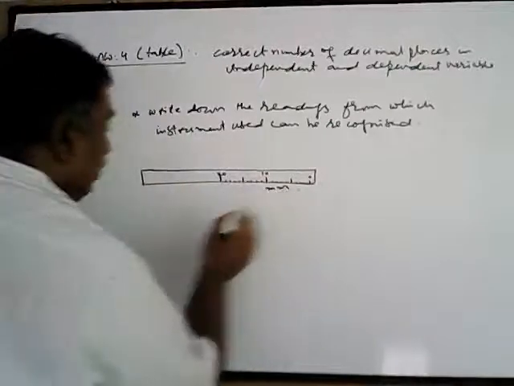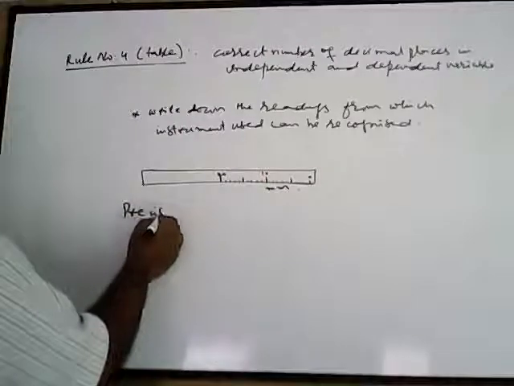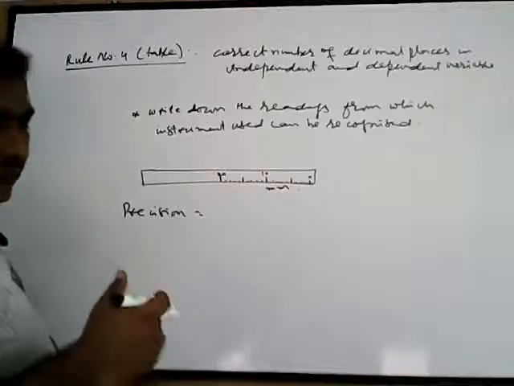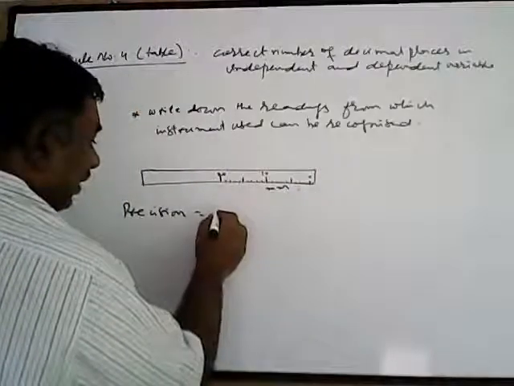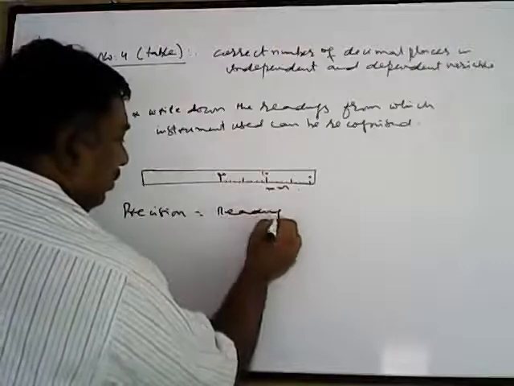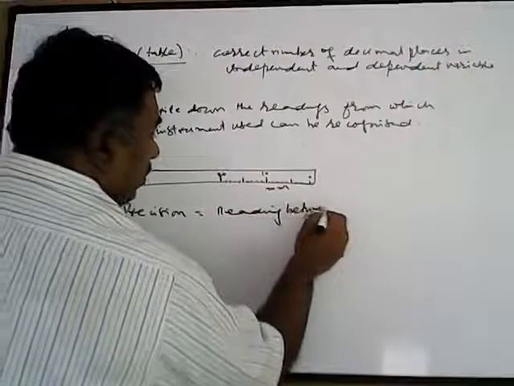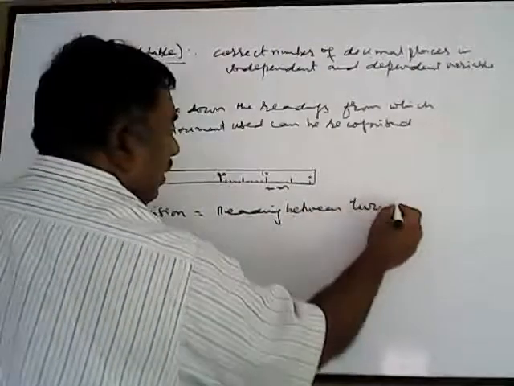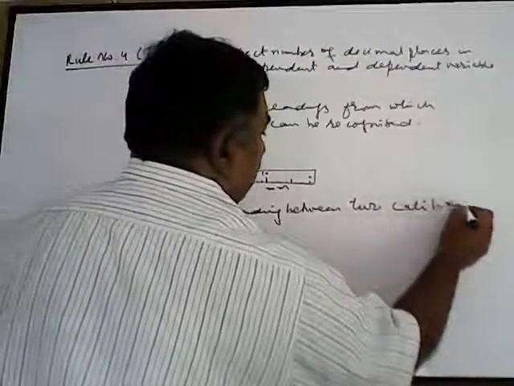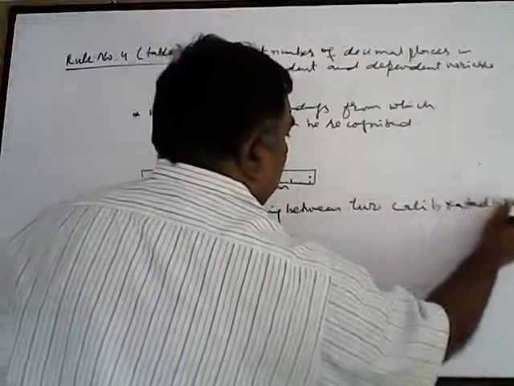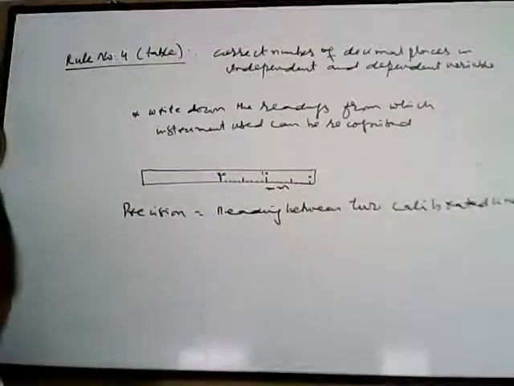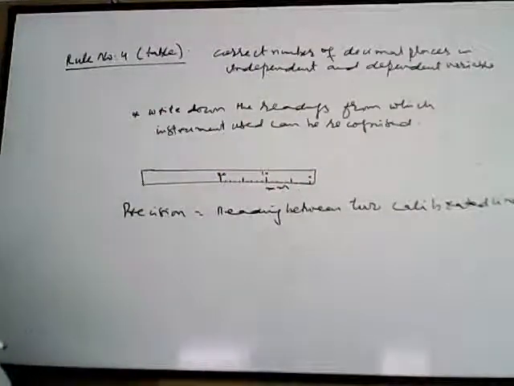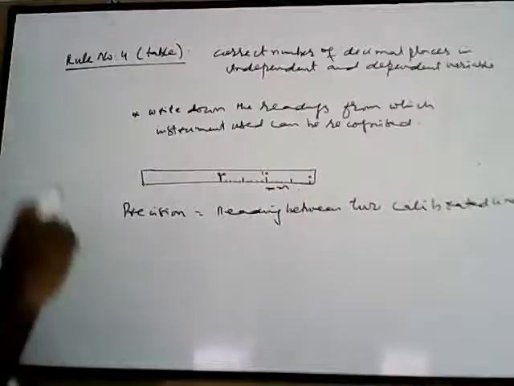So how precise is this instrument? Precision, or least count, is always the reading between two calibrated lines.